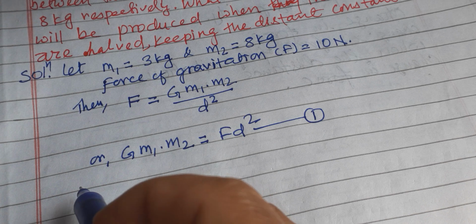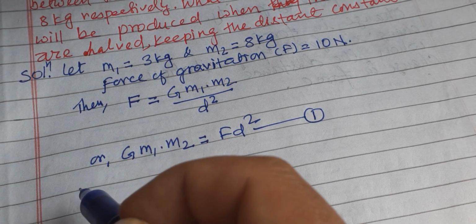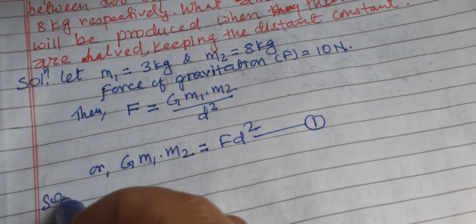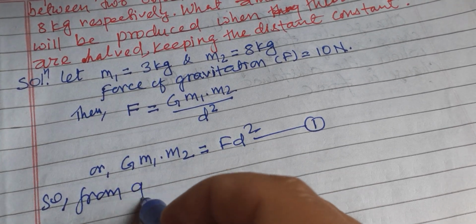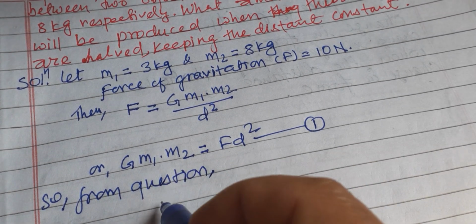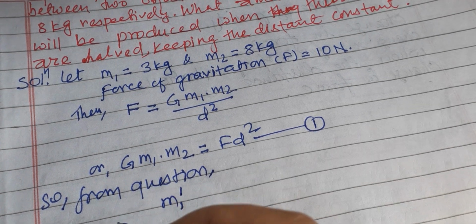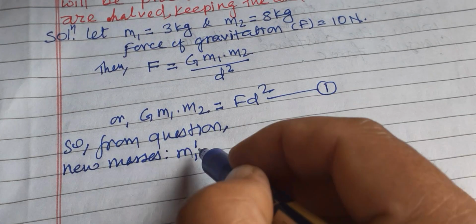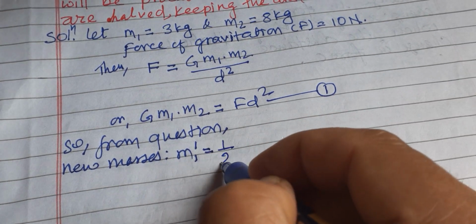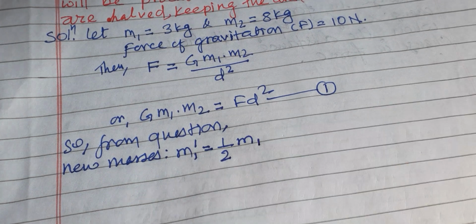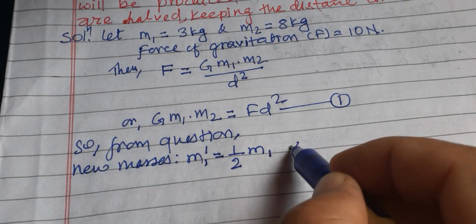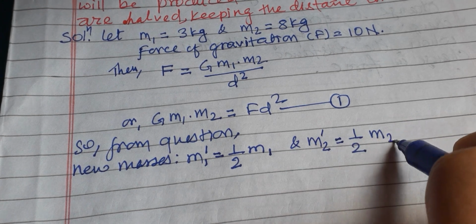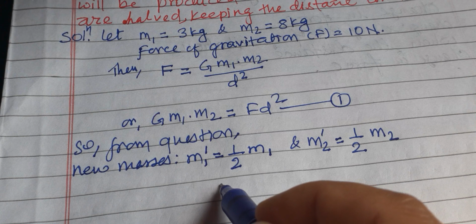The mass is changed by half, so from the question we have the new masses: m1 prime equal to half of m1, and m2 prime equal to half of m2.